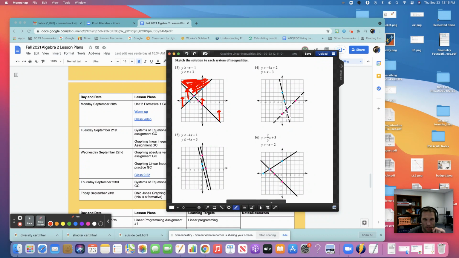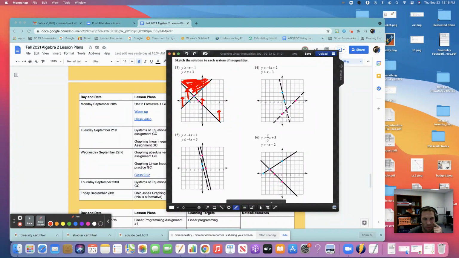I'm going to shade this, and then I'm not going to shade the other one. Notice this one is or equal to, and this one is just less than. So it looks like it's less than for both, which means I'm underneath for both.